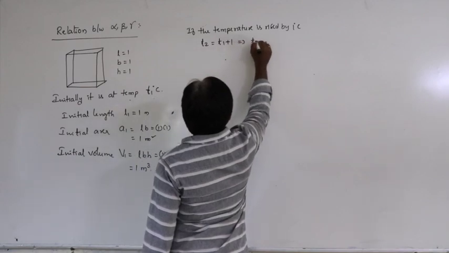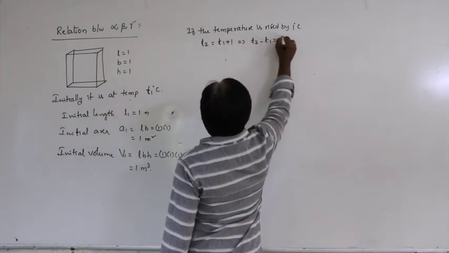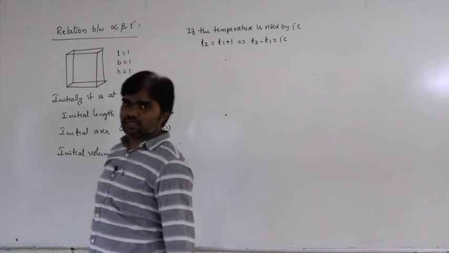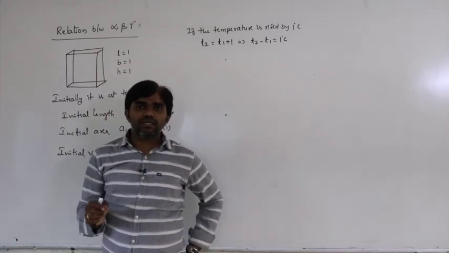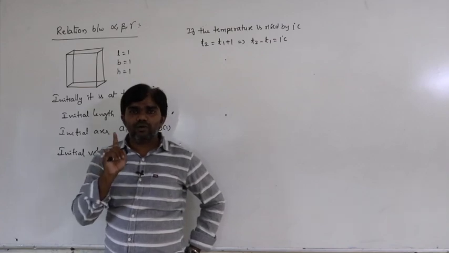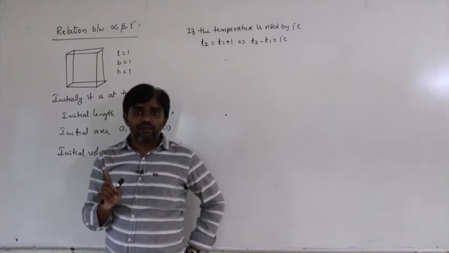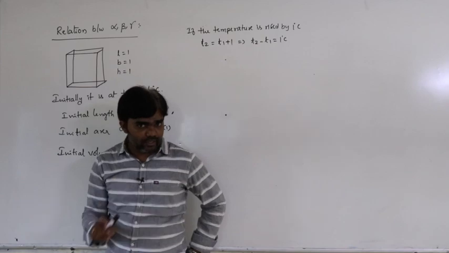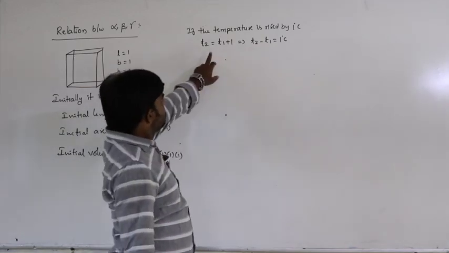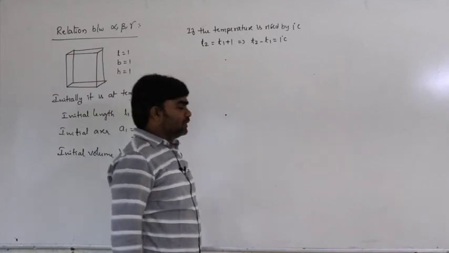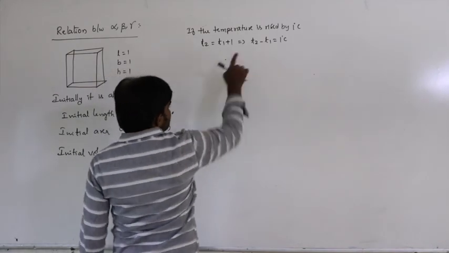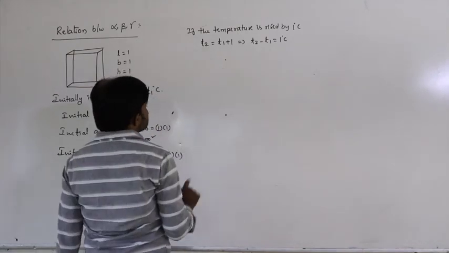That means T2 minus T1 is equal to 1 degree Celsius. That is the rise in temperature. So the rise in temperature is only 1 degree Celsius.